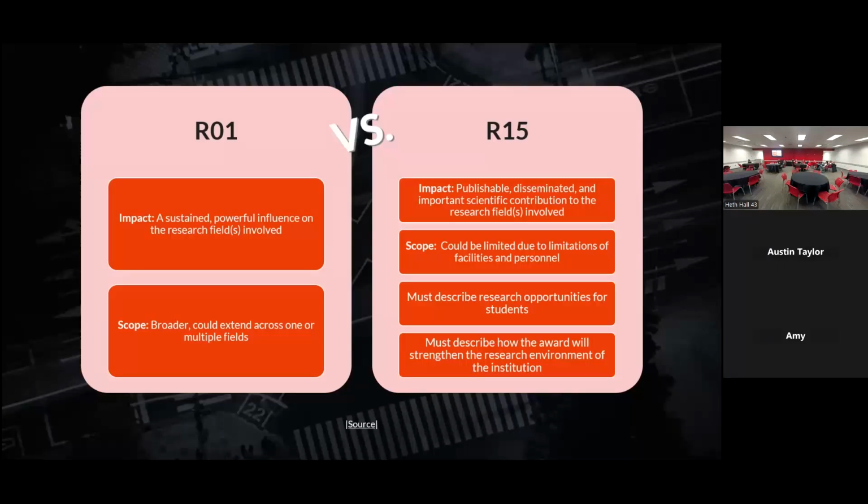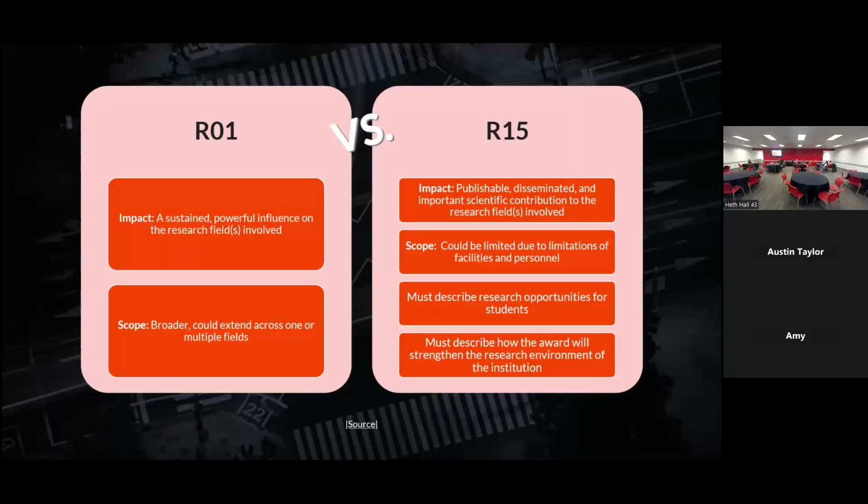And then on the left-hand side, the R01. So focusing primarily on R15, the primary impact that they're looking for is publishable, disseminated data, important contributions to the fields of research, and the primary focus being that they want to see undergraduates being involved in that work.